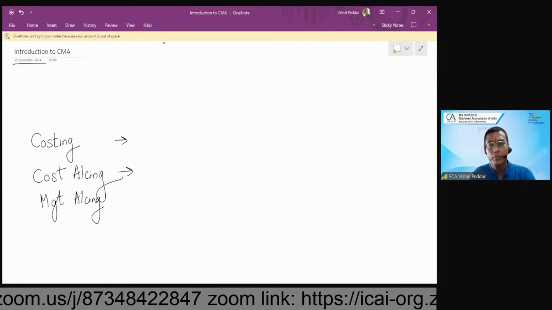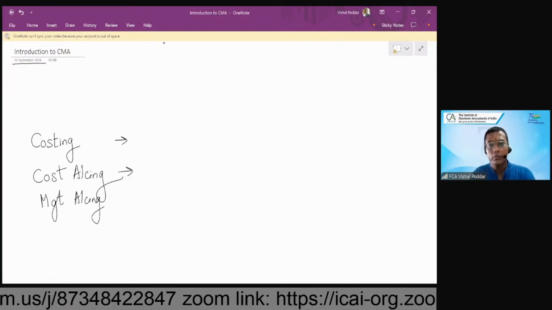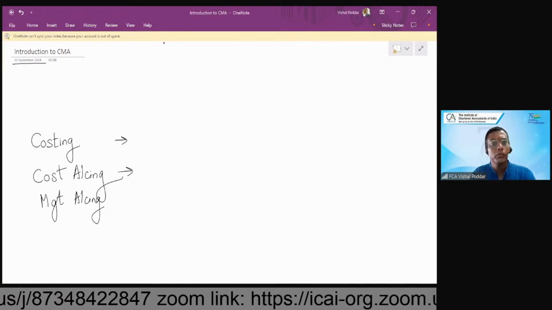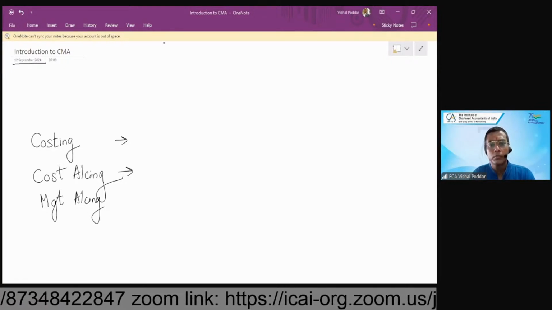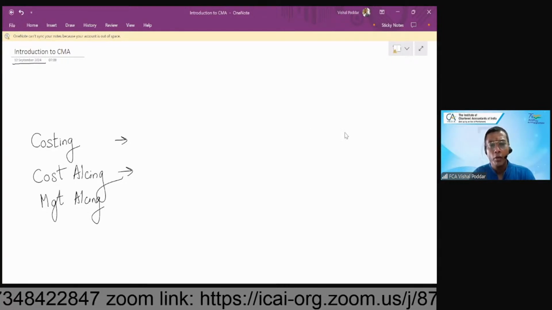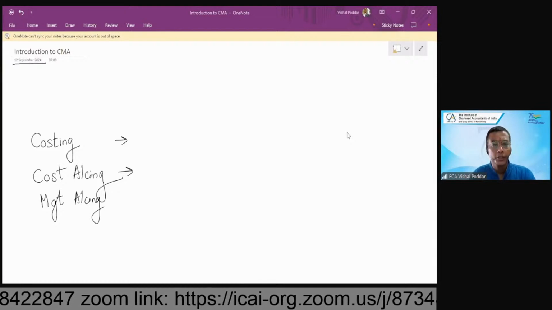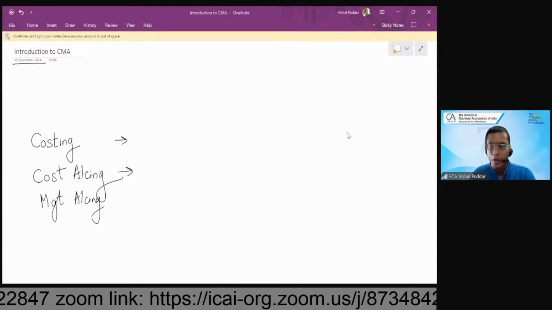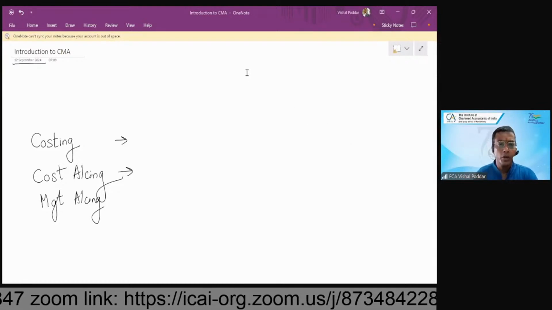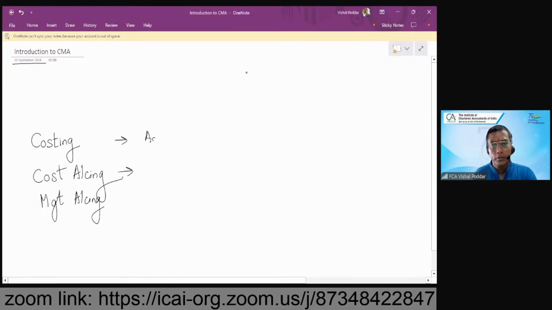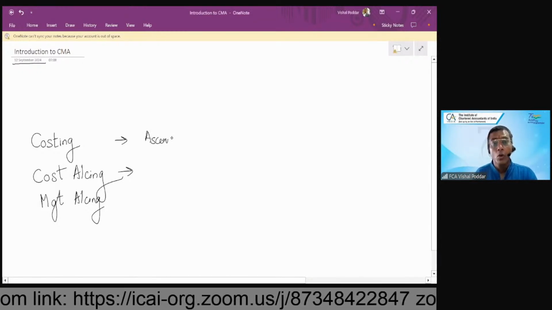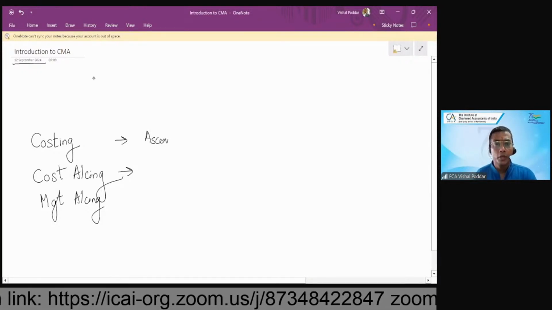Actually, costing is the process of ascertaining the value of... Okay. What is the value of the product? Fine. Okay. That is costing, right? Anybody else? Either costing or cost accounting? Recording the cost is called cost accounting. Okay. So recording the cost is cost accounting. Fine.